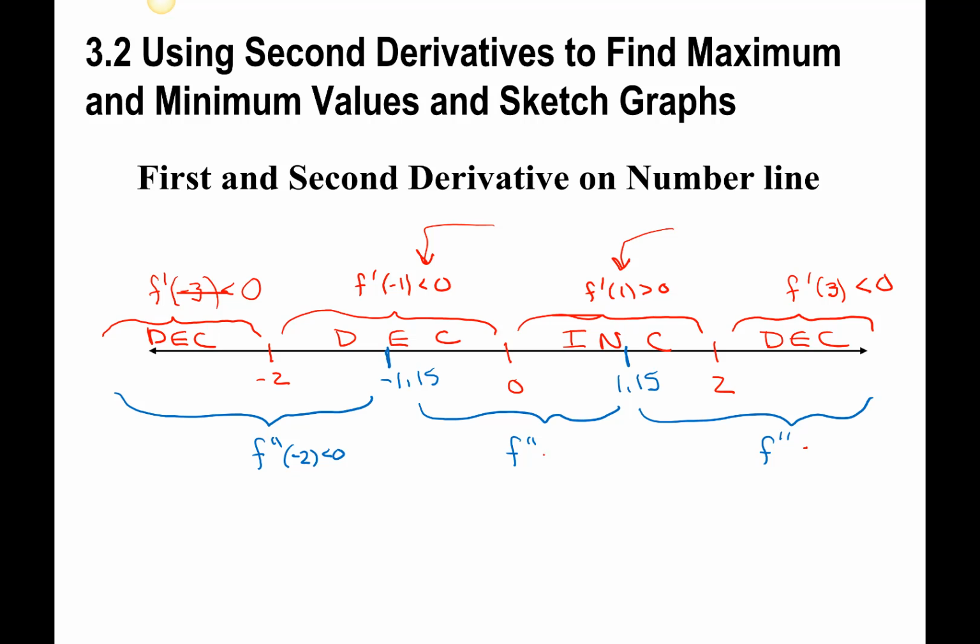If I go to 0, it's greater than 0. And if I go to something to the right of 1.15, like f of 2, it's less than 0. And that tells you right away where it is concave up and concave down, doesn't it? It shows you what the shape of each piece is.